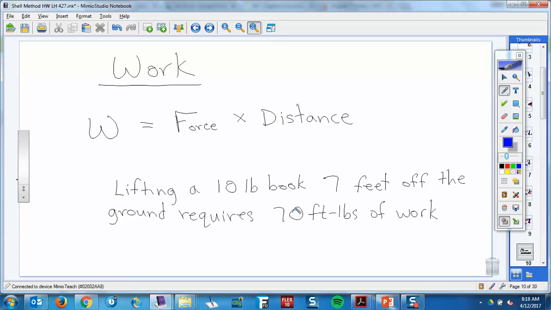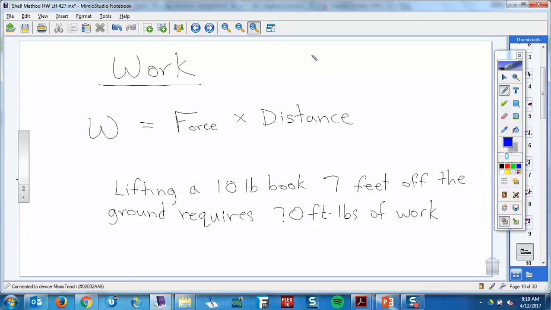Now, getting it to that point, that was work. So if I lift a 10-pound book 7 feet off the ground, that would take 70 foot-pounds of work. The process of moving that to that spot, that's work, 70 foot-pounds, and that's what we call the units.